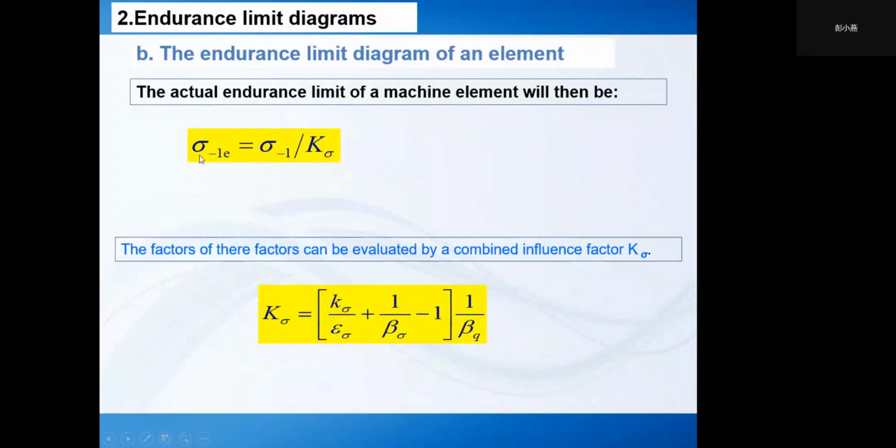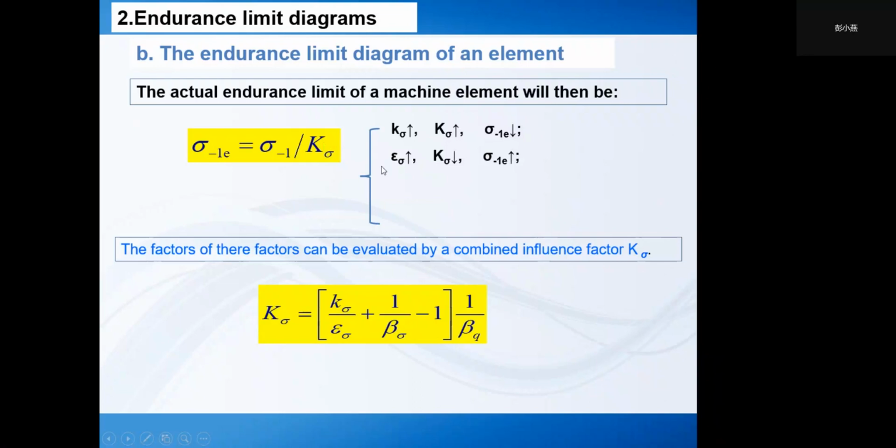This is the actual endurance limit for element, and this is the endurance limit for material. If the stress concentration factor increases, the combined influence factor will increase, and then sigma -1e, the endurance limit for element, will decrease.